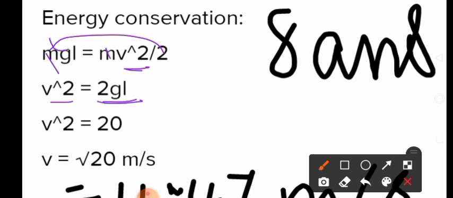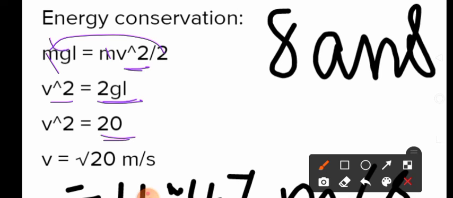What is L? Because it is height, but in the vertical position it is represented as length. That is why it is written as L. Then v square is equal to 20. How is it 20? We know the value for g is 10, so 2 into 10, and length is 1 meter, so that is equal to 20.